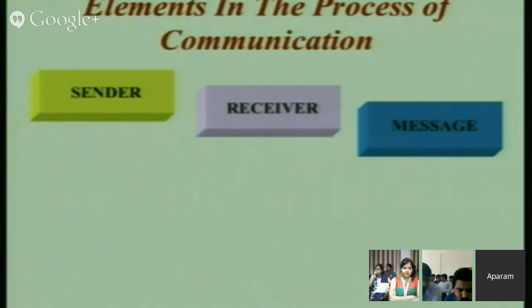When I say message, I'm interacting with you, I'm trying to give you some message. And this message consists of verbal and non-verbal symbols. When I'm speaking, I'm making use of a language. It is a verbal message. But when I show, say, a red cross, that itself will speak and convey some message.